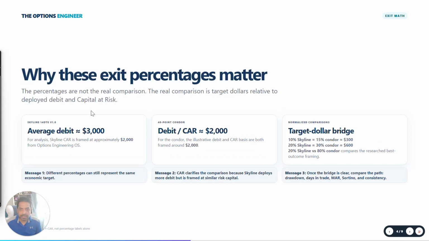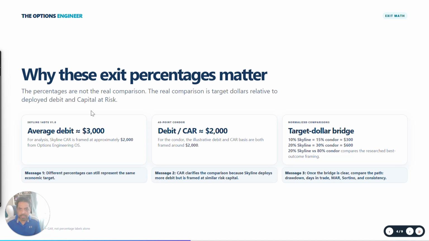This is the key exit math slide. Skyline averages about $3,000 of opening debit for one lot or contract, while its model CAR for this analysis is framed at about $2,000. The 40-point Condor is also framed at about $2,000 debit and capital at risk.